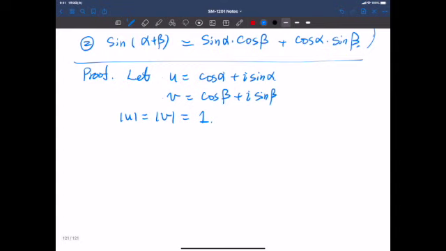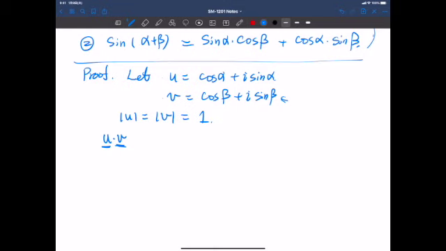And we have seen that multiplying by a complex number with unit modulus rotates another complex number. So if we multiply u by v, then this multiplication by v rotates this complex number u by the angle beta.